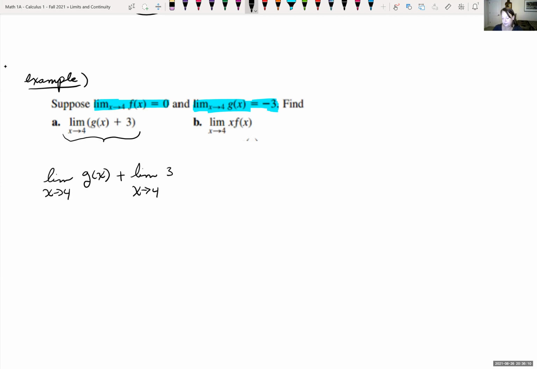Well, we're given up here what the limit as x approaches 4 of g of x is, and so we can replace that with -3 plus, remember the limit as x approaches a number of a constant was always just equal to that constant. And so the limit as x approaches 4 of 3 is just 3. And if we sum -3 plus 3, we get back 0.